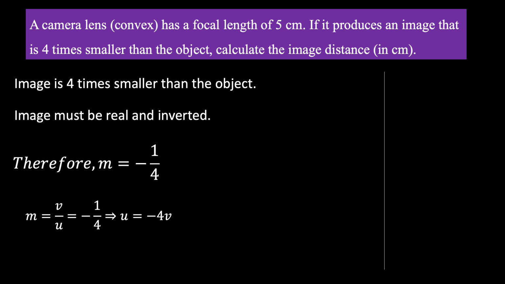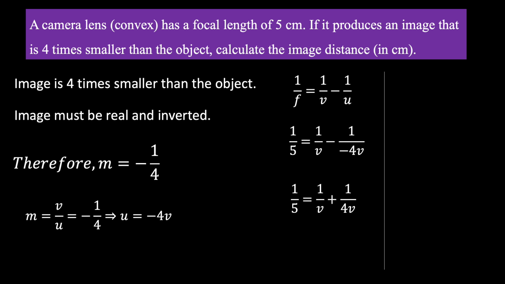So U is equal to minus 4V. Let's move ahead. Lens formula is 1 by F equal to 1 by V minus 1 by U. Therefore 1 by 5 is equal to 1 by V minus 1 by minus 4V, because U is equal to minus 4V. So let's solve this.